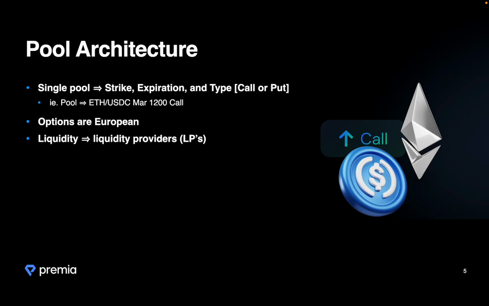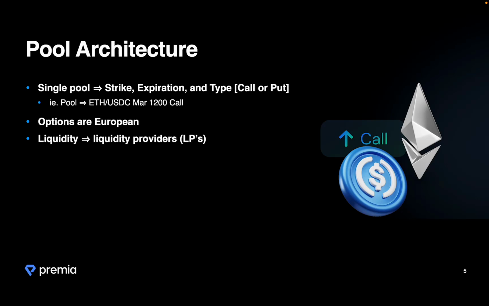And so as an example, if we took Ethereum and the quote asset being USDC, if the expiration was March, the strike was 1200, and the option type was a call, this would represent one pool. As well, if it was a 1300 strike, that would represent another pool. Or if it was a put, that would represent also another pool, etc. These options are European in nature by design.